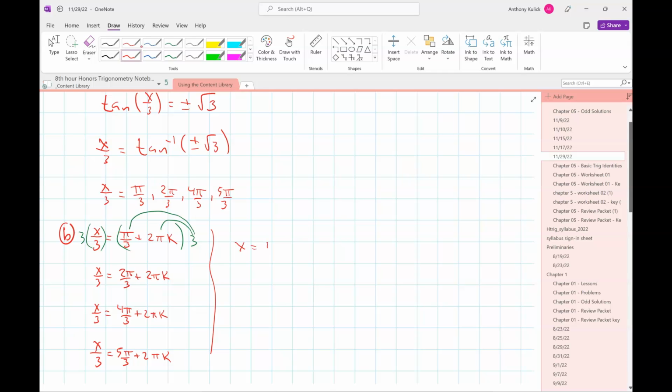So 3 times pi over 3 is just pi plus 6 pi k. And then I have 2 pi plus 6 pi k. And then we have 4 pi plus 6 pi k. And I have 5 pi plus 6 pi k. So this is my answer for B.